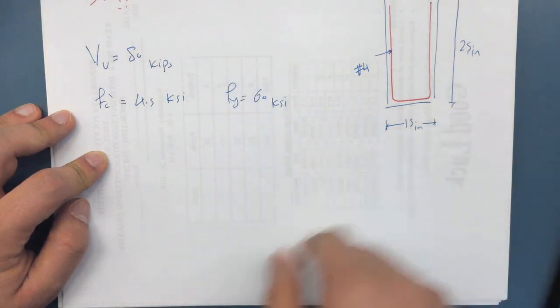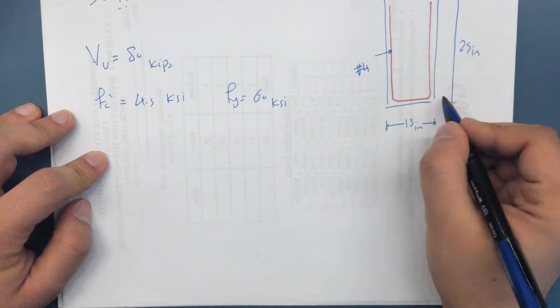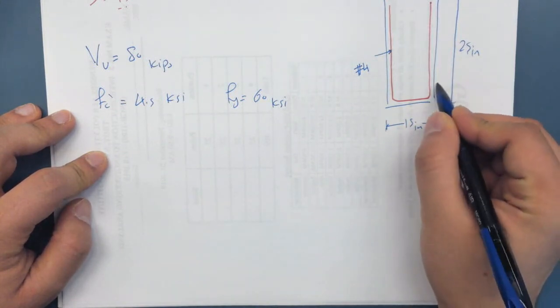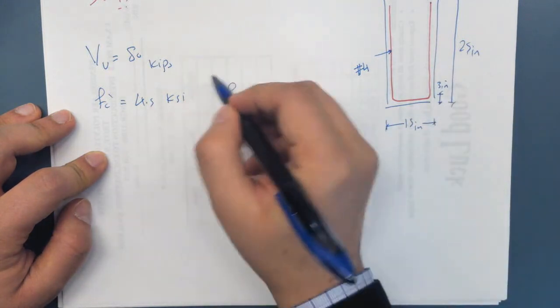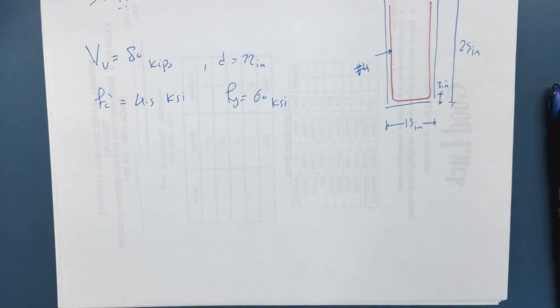Again, I'm not going to go through the calculation to find what is the cover size. I'm just going to say this is 3 inches and use d equal to 22 inches. And this problem is going through the hassle of finding what is this depth. And again, guess what? It's 22.375 inches. So 3 inches is fine.